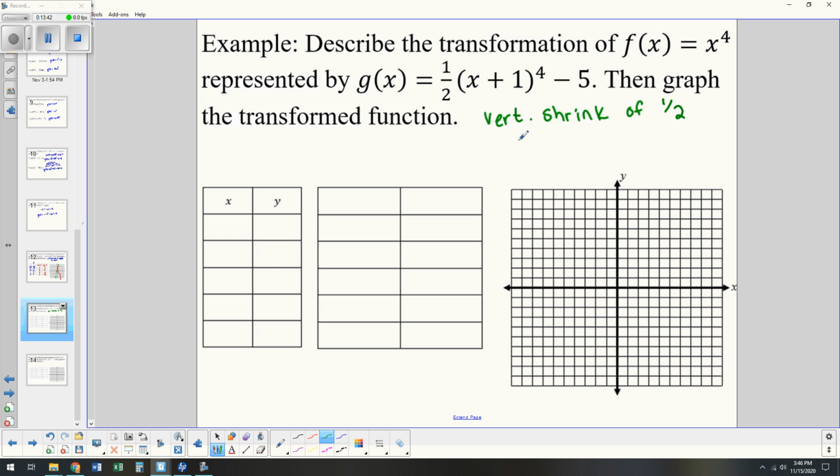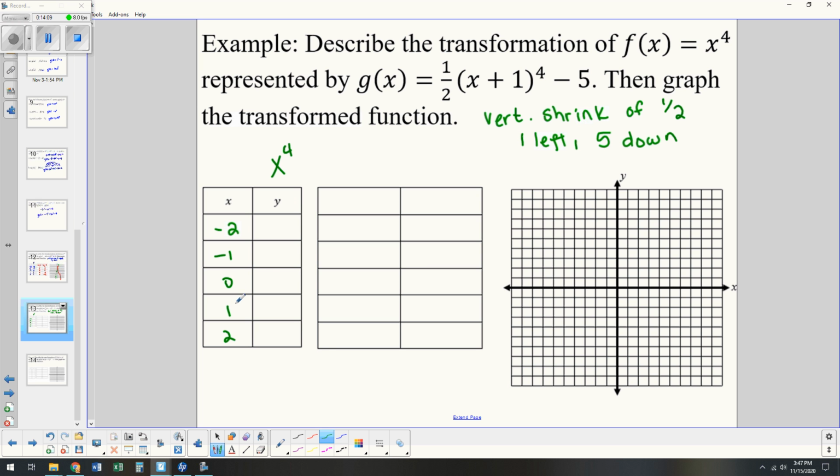The plus 1 is 1 left, and the minus 5 is 5 down. And I'm going to stick with my -2, -1, 0, 1, 2, only because if I gave them even numbers just to counteract this, I'm going to get numbers that are way too big that don't fit. So I'm okay with these. I'll end up with some fractions, but that's dealable.